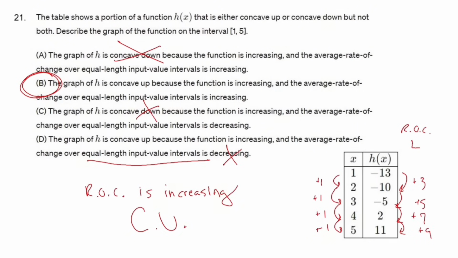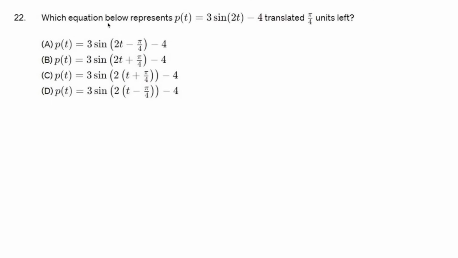Hope this helps. Which equation below represents P of t equals 3 sine 2t minus 4 translated pi over 4 units left? All right, well, I'm going to compare this to the regular old sinusoidal form. So we have sine, we have parentheses b, in this case it's t, so t minus c, close it, minus 4.